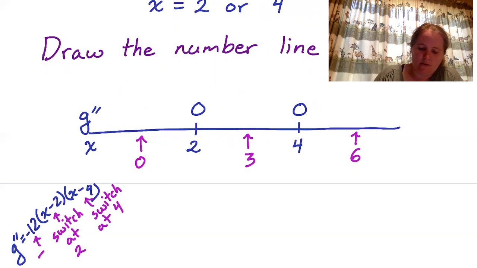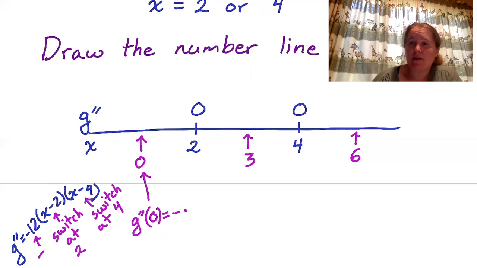So for x equals 0, g double prime of 0, the first factor is negative. The second factor, if we pick something less than 2 and subtract 2, will wind up negative, or 0 minus 2, you get a negative. And then 0 minus 4 is also negative. And so negative times negative times negative, odd number of negatives, we get a negative result.